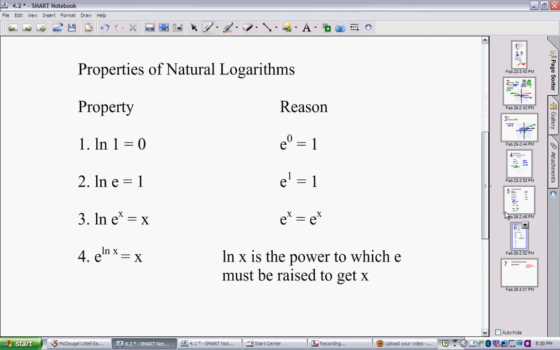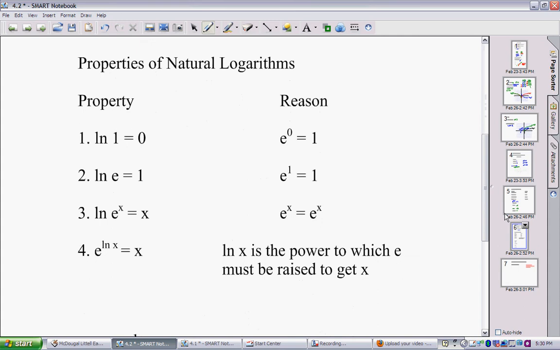So we do have properties of natural logs. The ln of 1 equals 0, and we convert it back to an exponent using e, because e to the 0th is 1.